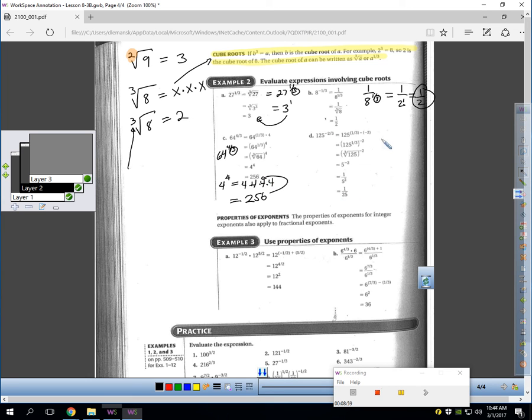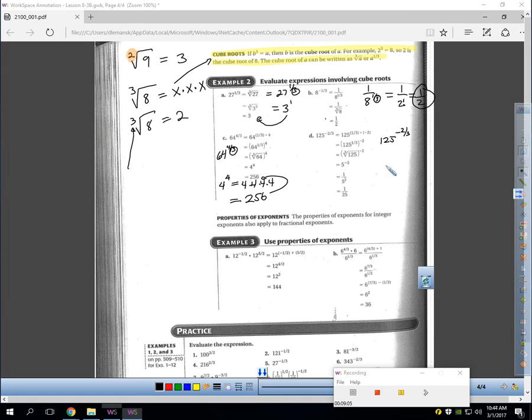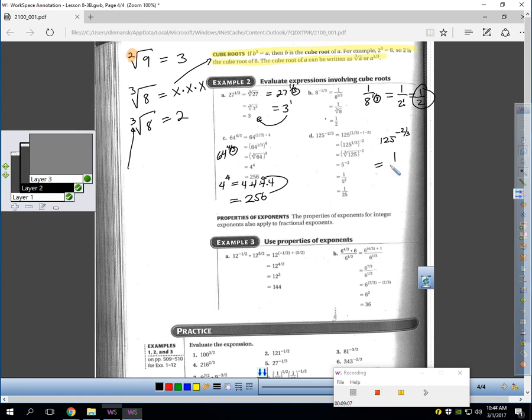And then here, I need 125 to the negative 2/3 power. That means move the 125 to the denominator and 2/3 power it there. The cube root of 125 is 5, because 5 times 5 times 5 is 125. And now don't forget, I have to square that. That's 1 over 25, which matches what we have here.